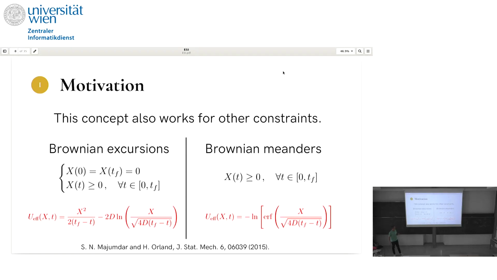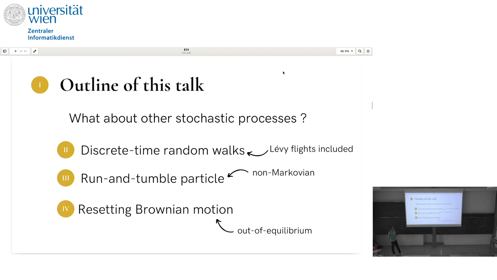Okay, so this was for the introduction, and now let me give you the outline of this talk. The idea is how do we extend this idea to other sorts of stochastic processes? So I will first talk about discrete-time random walks, which is quite interesting because we take a general jump distribution which includes, for instance, Lévy flights, and then we'll move on. So we'll go by a higher order of difficulty.